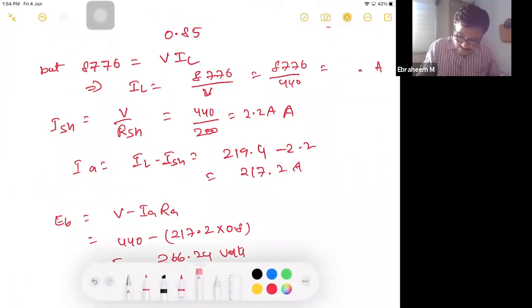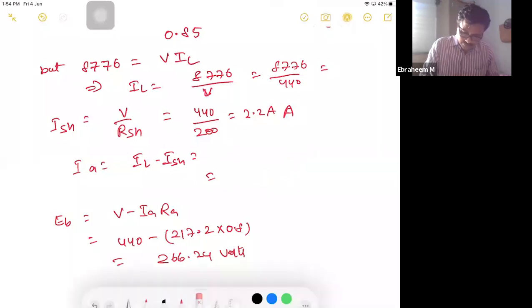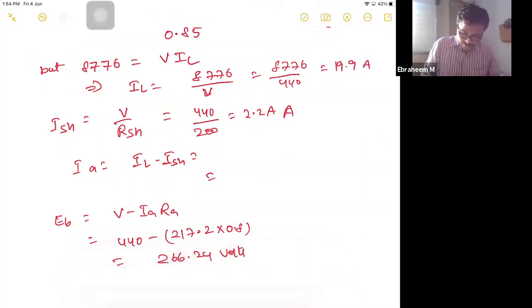Sorry, this is wrong. 8776 divided by 440, this current is 19.9 amperes. So IA is equal to how much? 19.9 minus 2.2, 17.7 amperes, right?